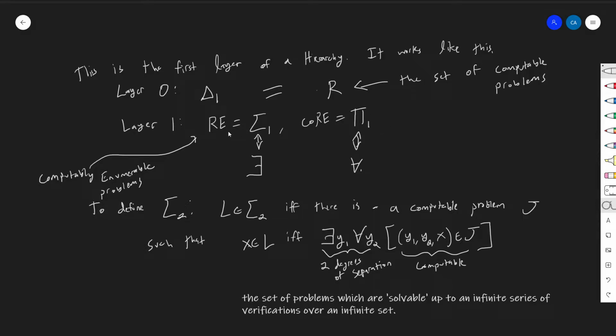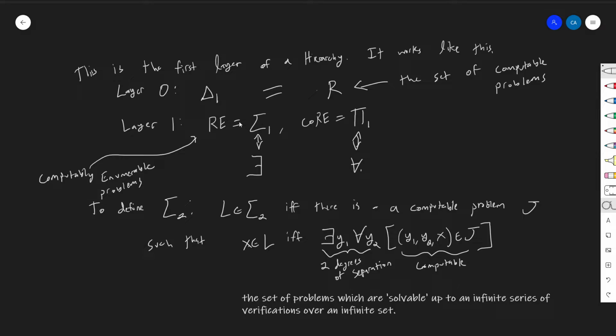Essentially, remember that the computably enumerable problems, we found this equivalence in which a problem is computably enumerable if you can solve it up to an unbounded search. And then co-RE, the complement of that, is that a problem is co-RE if it's computable up to an exhaustive sequence of infinitely many checks.